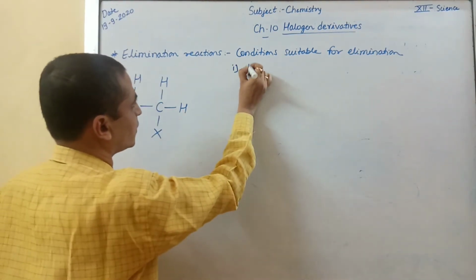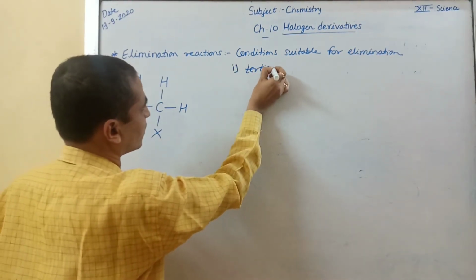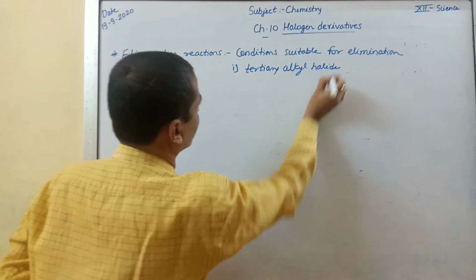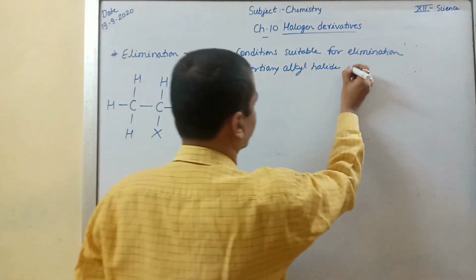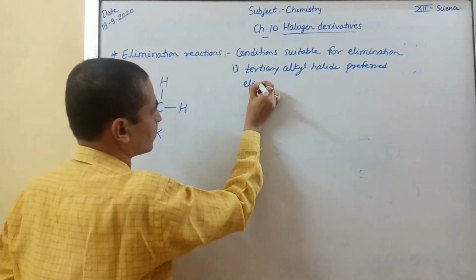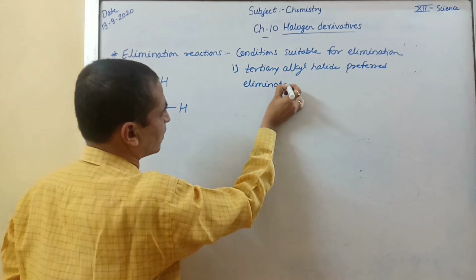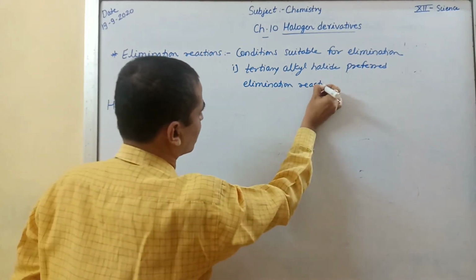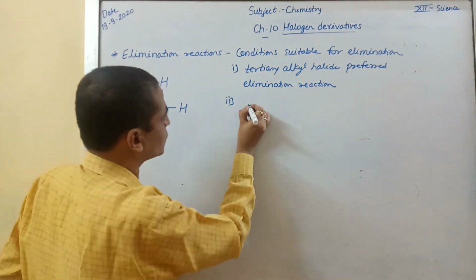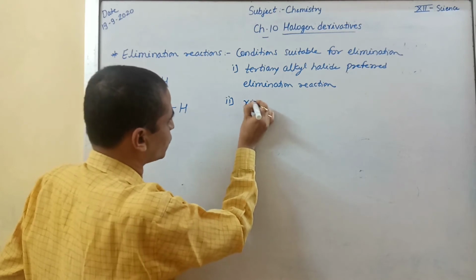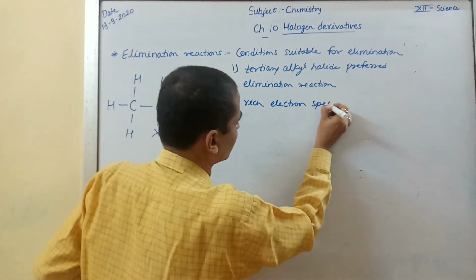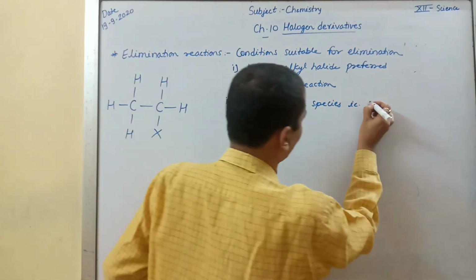First, generally tertiary alkyl halide prefers elimination reaction. Second, it requires a strong base, or we can say electron-rich species, that is a strong nucleophile.